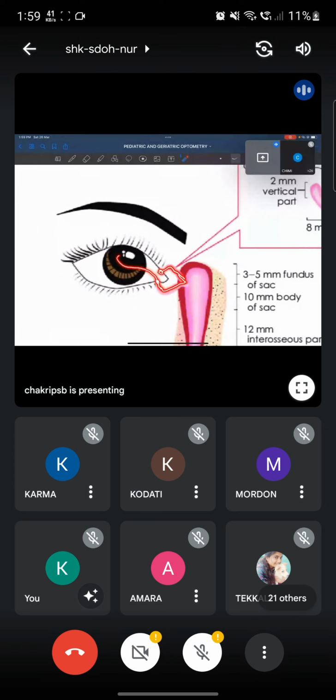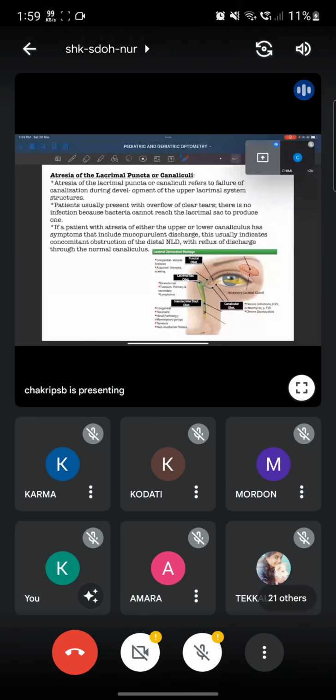It passes through the canaliculus and common canaliculus, the lacrimal sac, then the nasolacrimal duct, then goes into the throat. A few problems occur in that region and along the passage. That is called atresia of the lacrimal puncta and canaliculae.